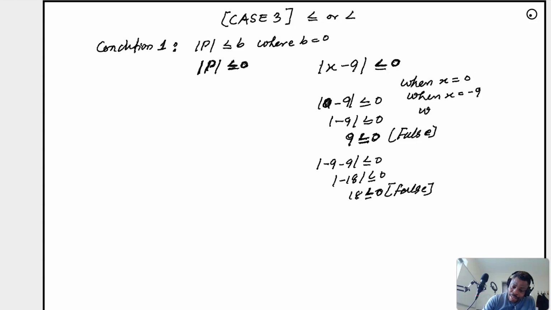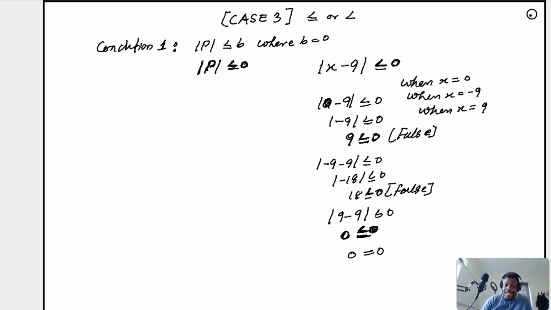But let's say when x is equal to 9, which will be 9 minus 9 less or equals to 0. So this will be 0 less or equals to 0. 0 is not less than 0, sorry. That will be false. But 0 is equal to 0, which is true.